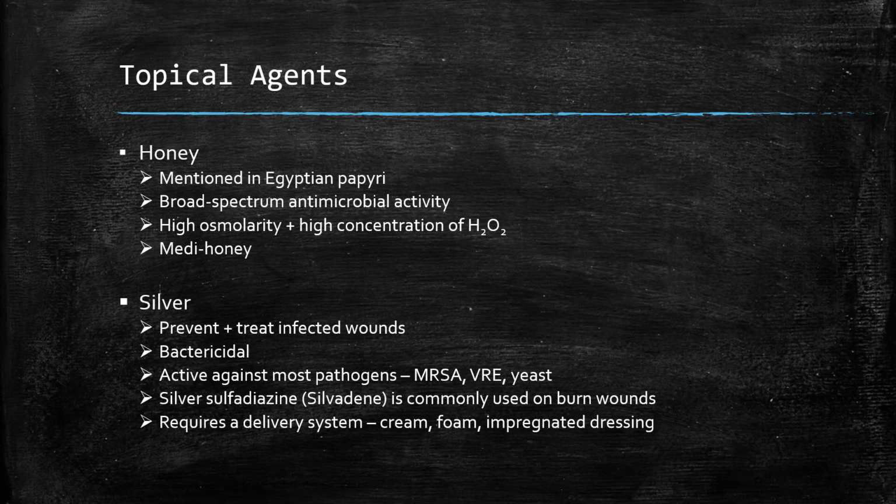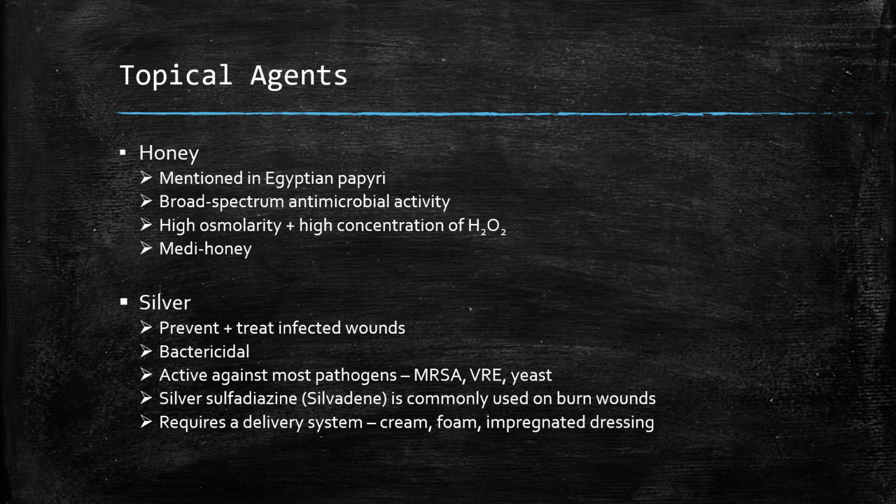Silver has also been known for hundreds, if not thousands of years, to be useful in the prevention and treatment of infected wounds. Silver is bactericidal and active against most common pathogens, including methicillin-resistant staph, vancomycin-resistant enterococcus, and yeast.